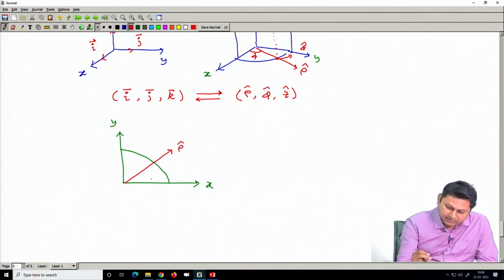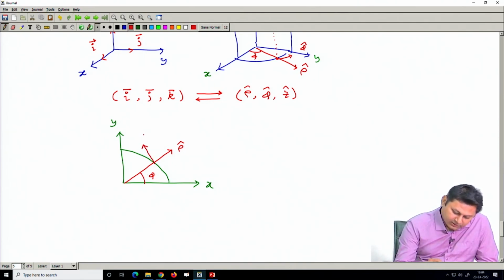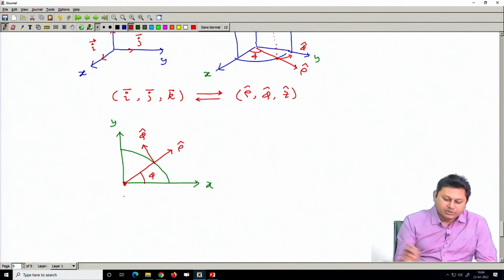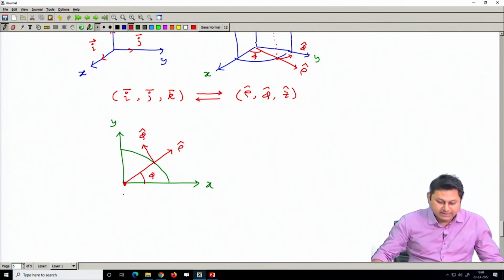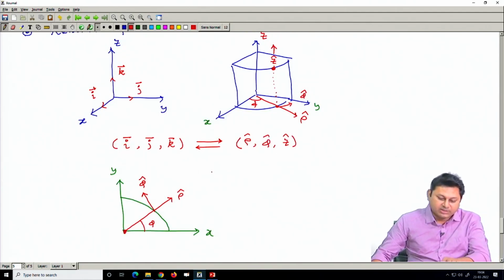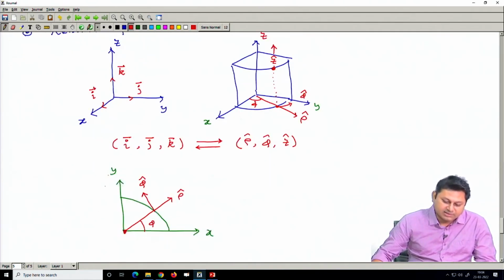Phi is calculated from x to rho, so the phi should be from here to here, this is my phi, and the unit vector of phi should be tangential to this point. So, this is my unit vector phi, and z is perpendicular to the plane. I should not bother about k, because in both cases the z direction is the same.